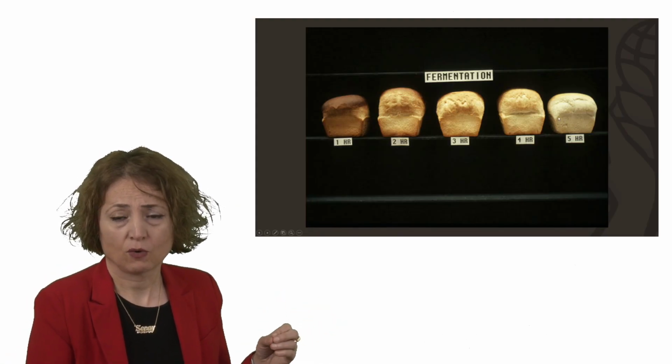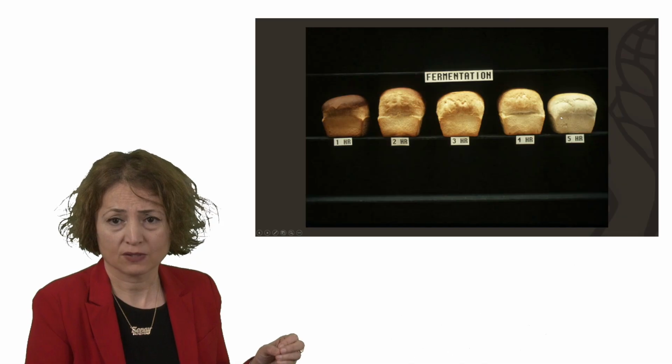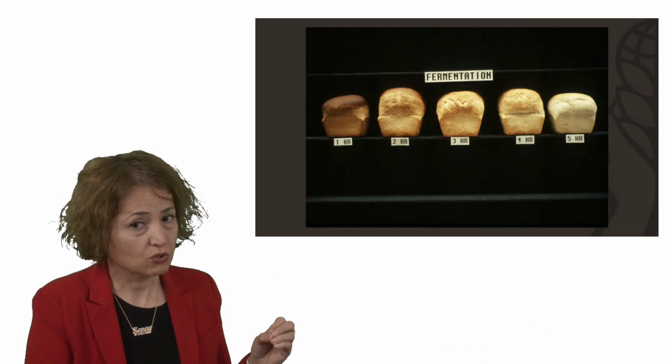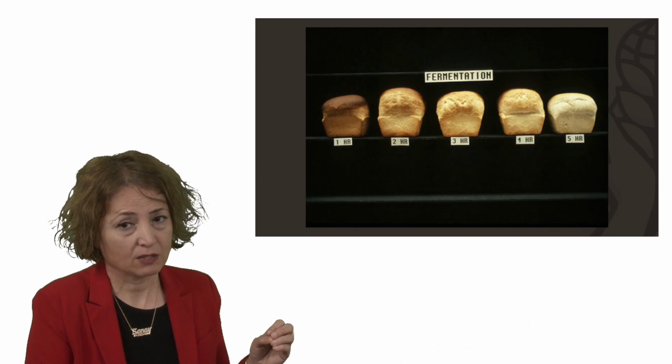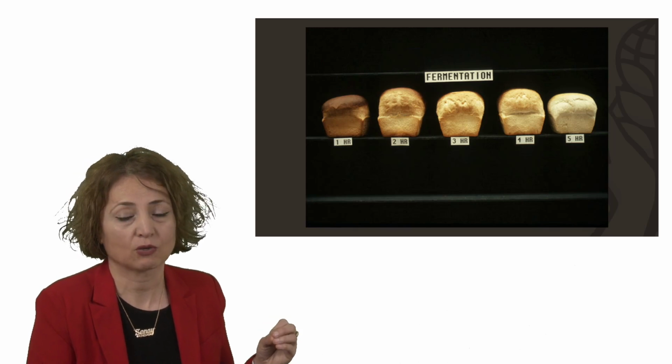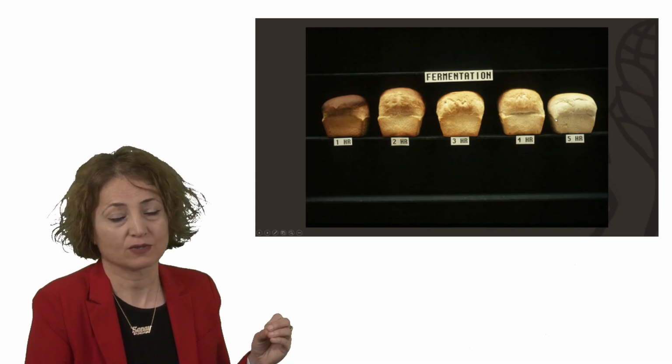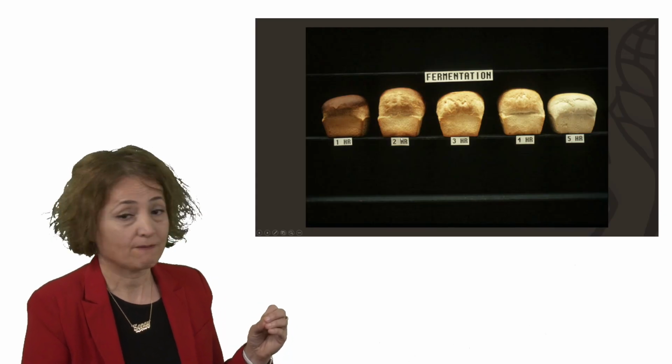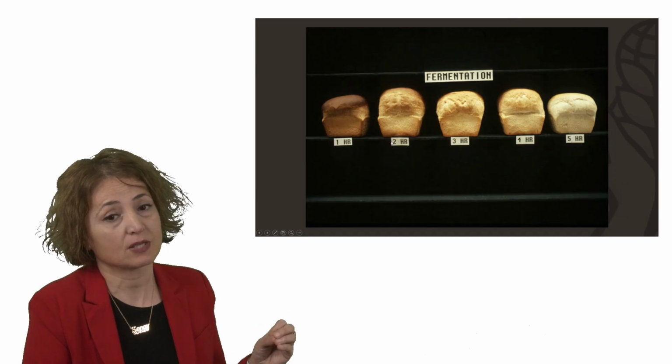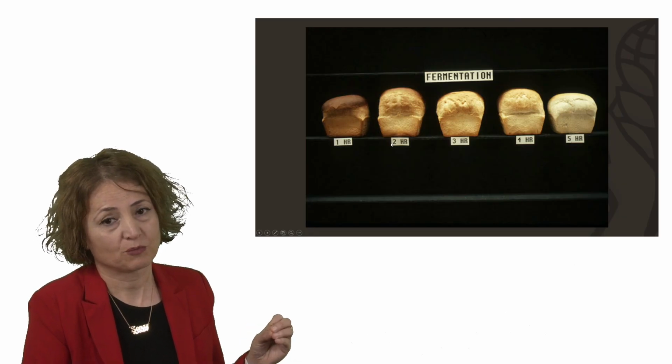This is because all the sugars are consumed by yeast, and I believe the dough rheology is changed and there is no sugar left for any caramelization or browning reaction. This is why the color is pale. So optimum fermentation has a significant impact on final bread quality.